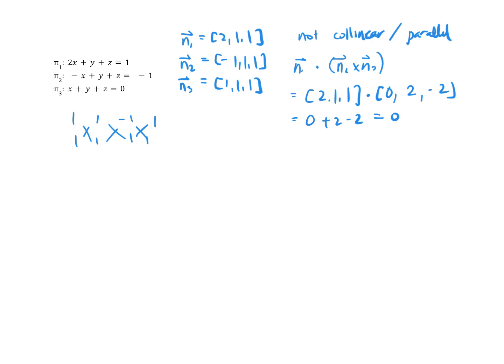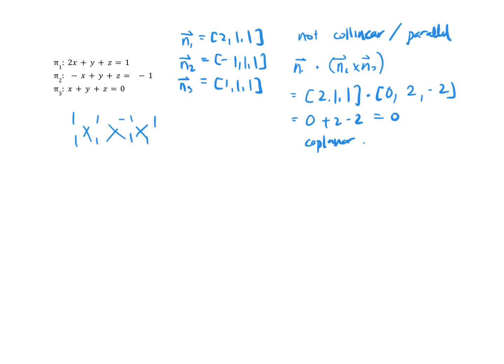So we do have a coplanar set of normals, which means we either have that revolving door and we will have a line of intersection like we did in one of the examples, or we'll have that triangular prism set up where it's an inconsistent system. There are no intersections there. So let's see what happens.